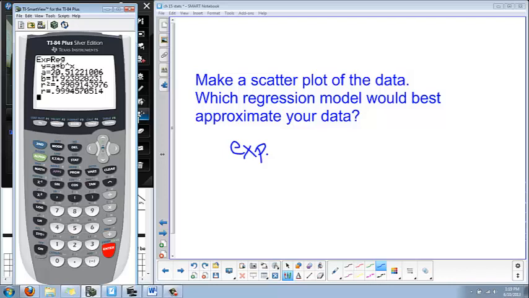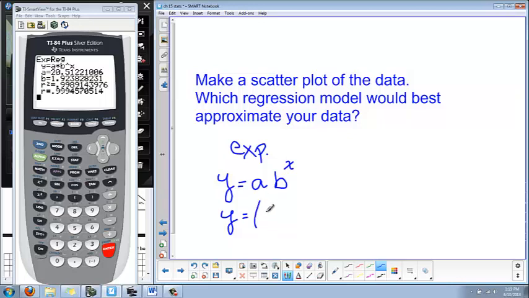And it gives me the whole equation written out, a times b raised to some power x, and I'm just going to round these values to the nearest tenths. So this is 20.5 times 1.9. Don't forget that it's raised to the x.